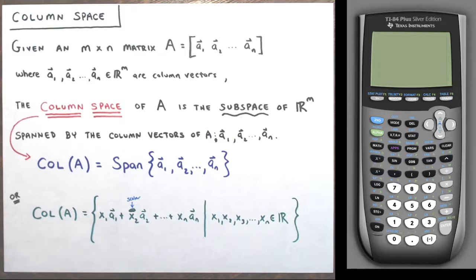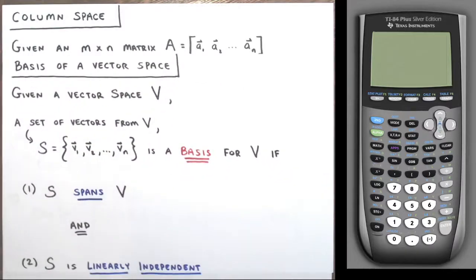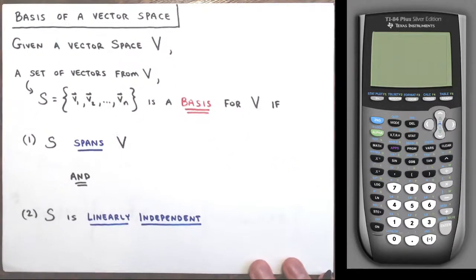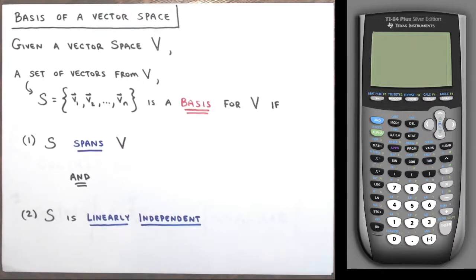And then something else I'm assuming you're somewhat familiar with before watching this: the basis of a vector space, or a basis, not the basis. Bases of vector spaces are not unique. There's more than one for a vector space.